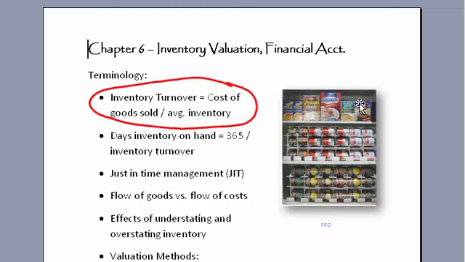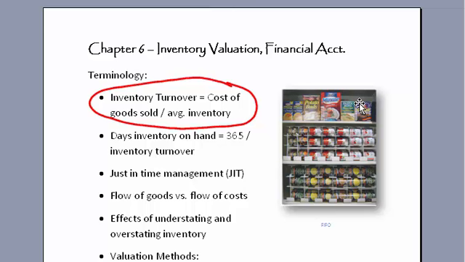The idea here is if we take our cost of goods sold and divide it by the average inventory, which is simply the January 1st balance plus the December 31st balance divided by 2, then what we're looking at is how many times we turn our inventory in a year.